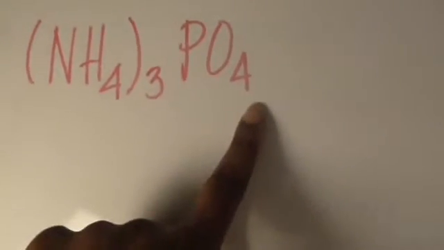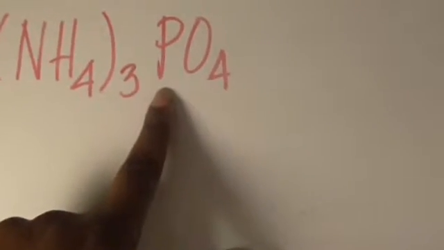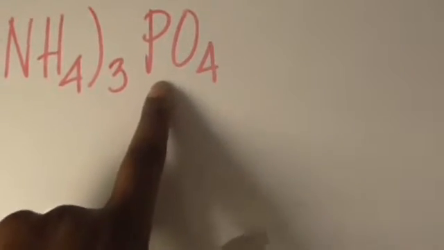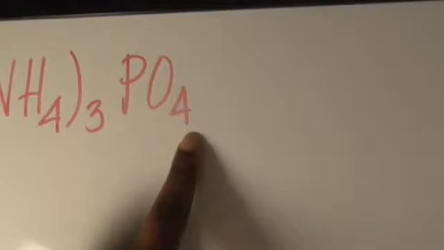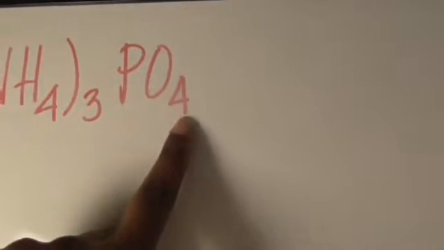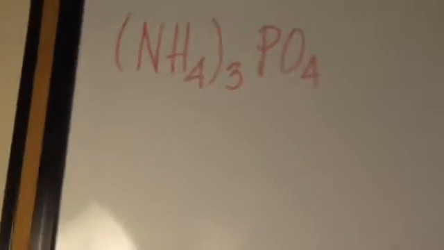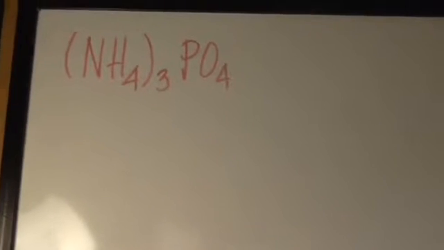Okay, the PO4, there's only 1 of the P because there's no subscript here, and there are 4 O's working backwards. Remember, the subscripts apply to the thing before it. So when we set up the math for this, it's going to look a little bit different, just because you have to consider all of everything that is present.